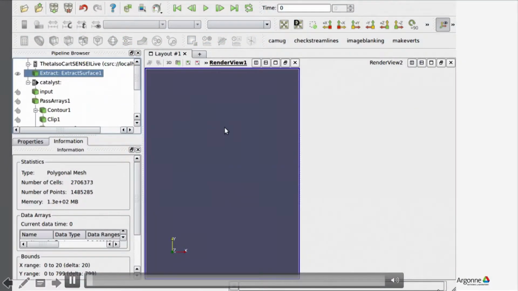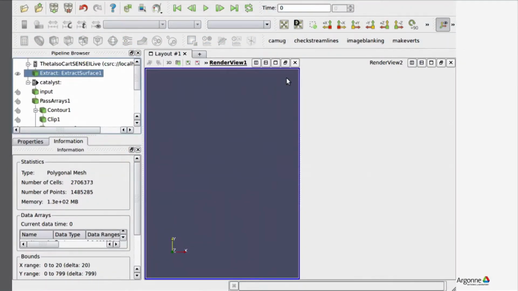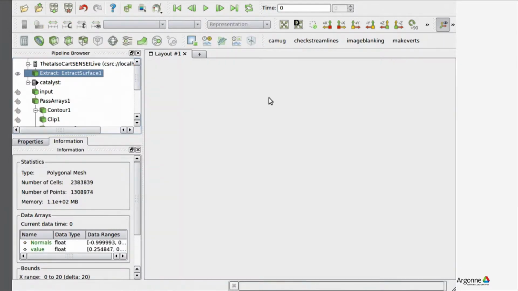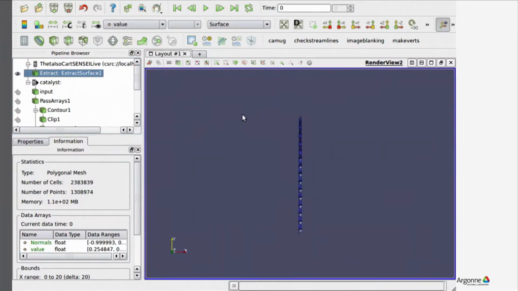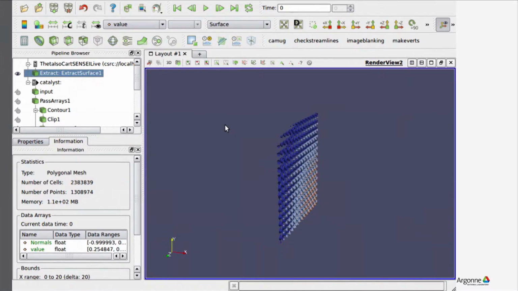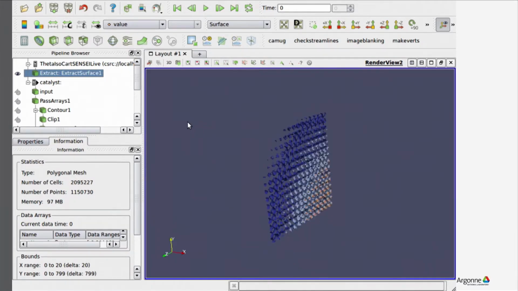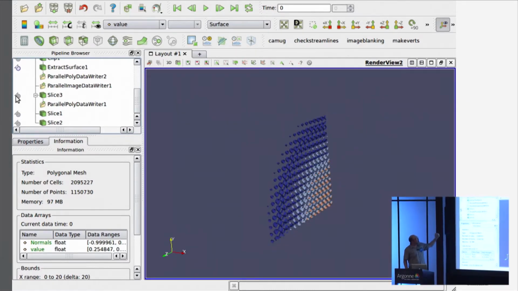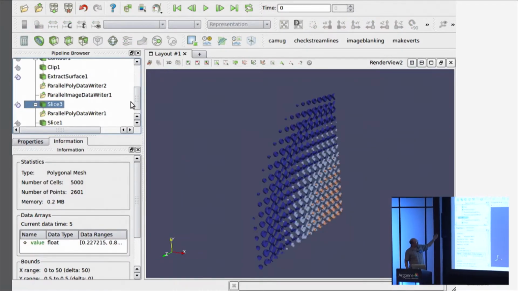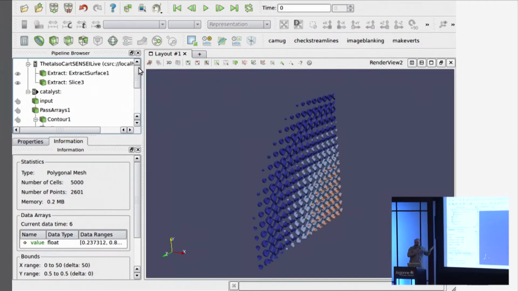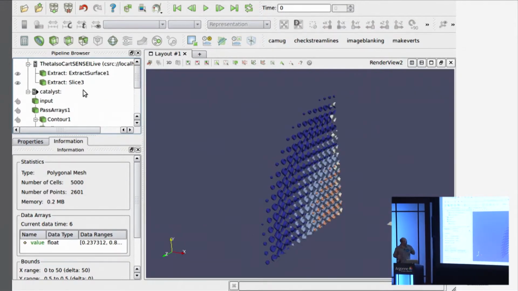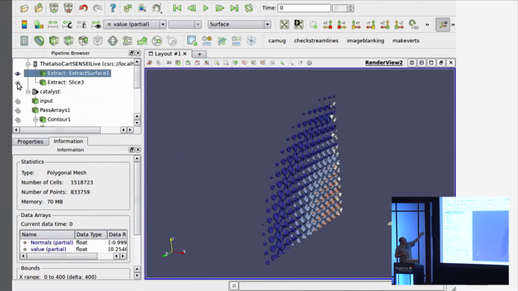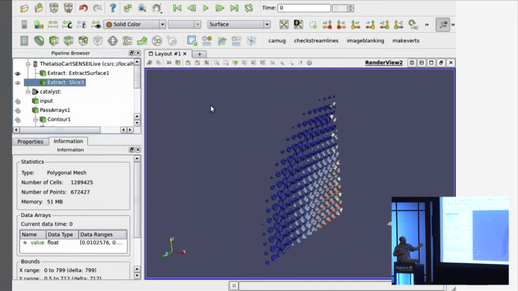So I have a video here from our KitWare folks showing specifically that. The simulation is running on Theta, and you can see that this is the ParaView interface. It is connected to Theta, and this is running locally on a laptop. Now we're grabbing data from the simulation. The analyst can run this interface locally and start querying and extracting data.